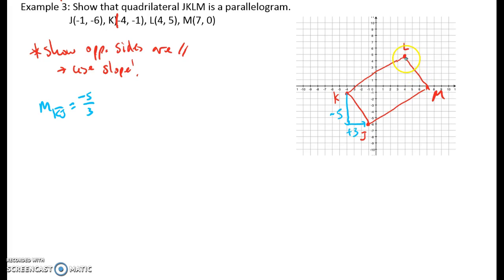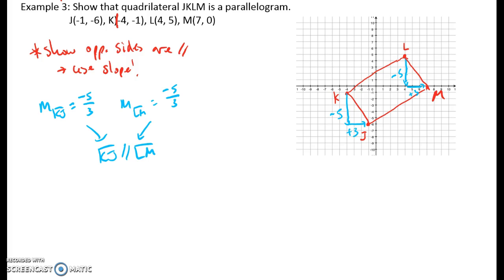So let's go ahead and count rise over run. So down 1, 2, 3, 4, 5 over 1, 2, 3. That's awesome. So the slope of LM is also negative 5 over 3. So this tells me that KJ is parallel to LM. One of the two conditions met.